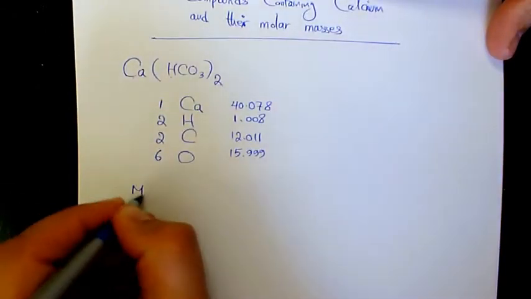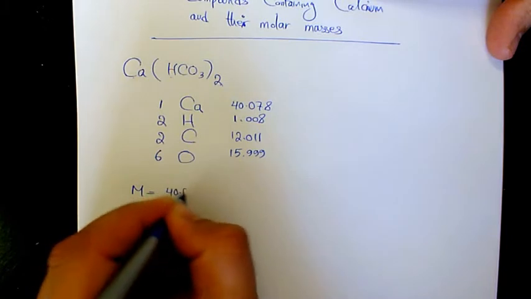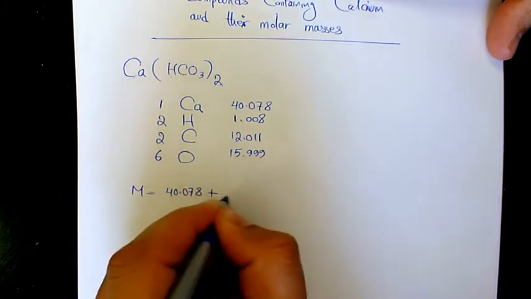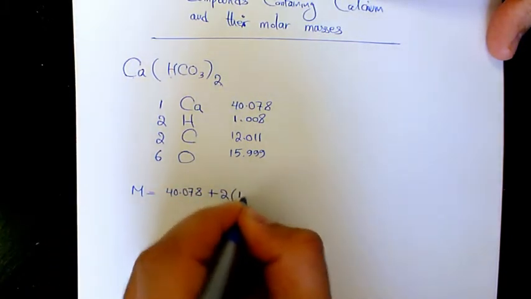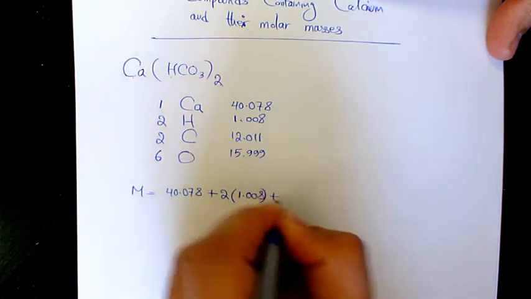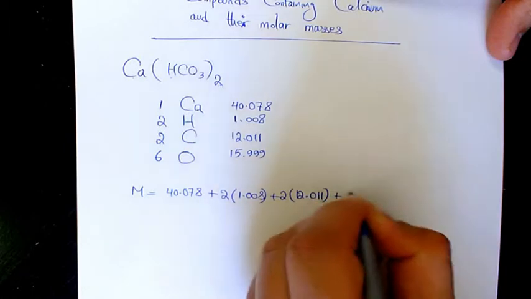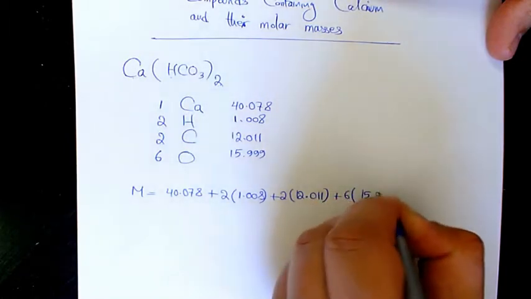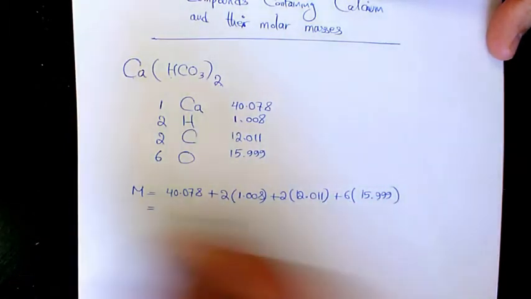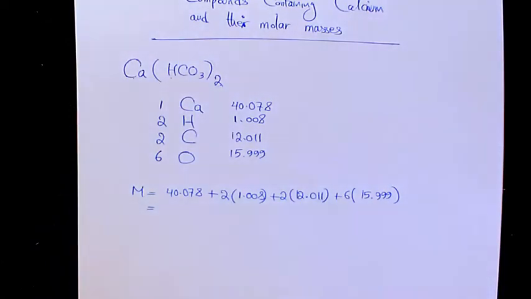So the molar mass is going to be 40.078 plus 2 times 1.008 plus 2 times 12.011 plus 6 times 15.999.